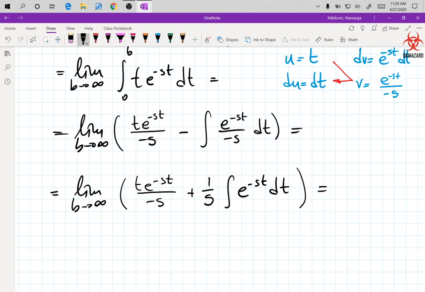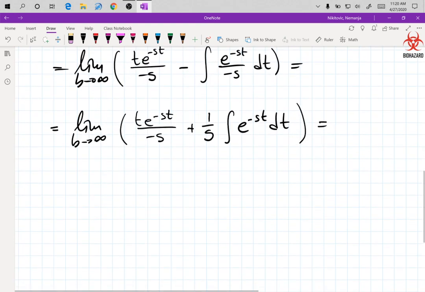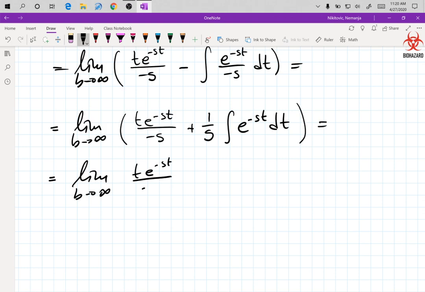Alright, so we have to keep these parentheses in because this needs to apply to both terms. So we are keeping those parentheses all the way to the end. Limit b goes to infinity, t e to the negative st divided by negative s, and now we have negative 1 over s squared, e to the negative st, over negative s squared.